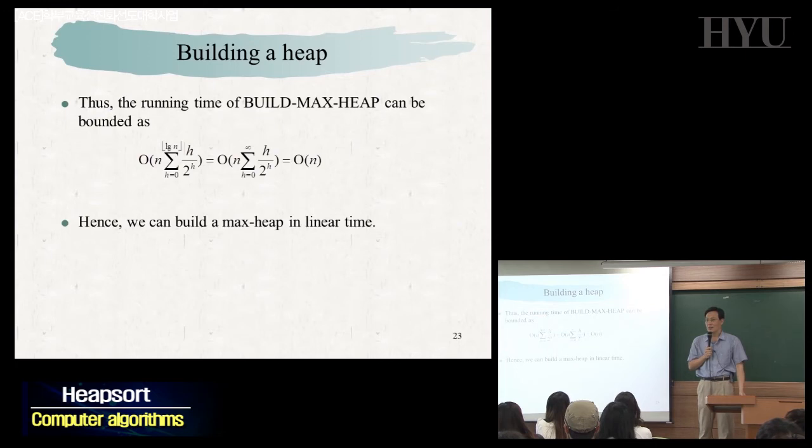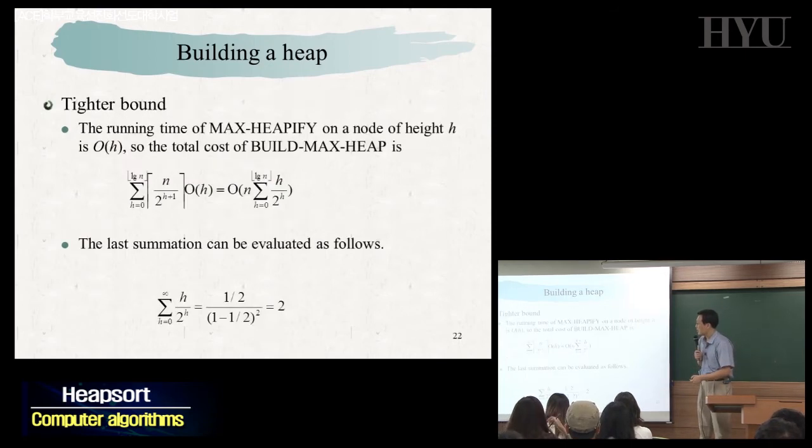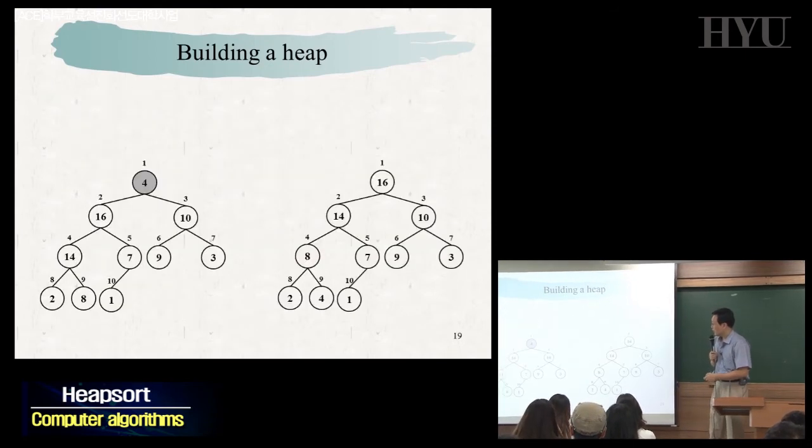I will not explain this in detail, but I'll give you some clue. The clue is, in a complete binary tree, half of the nodes are at height 0, and a quarter of them lie at level 1. So most nodes are low level nodes.